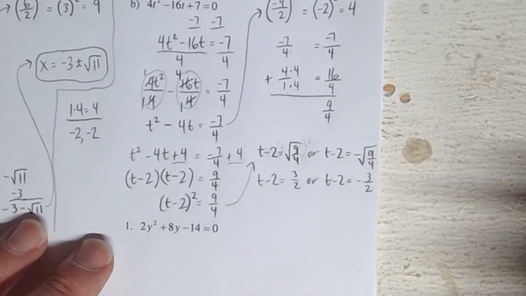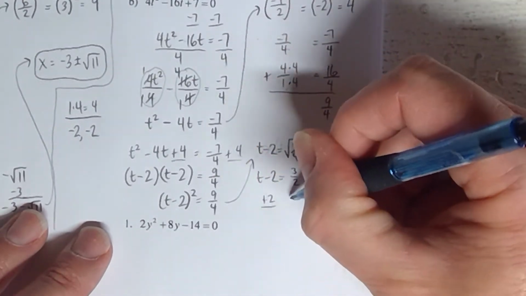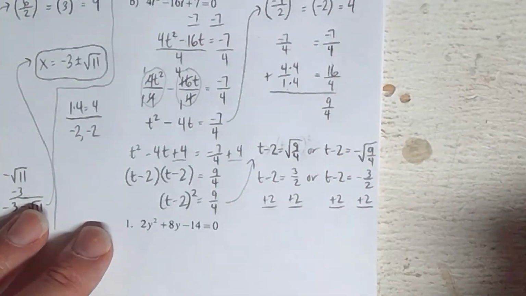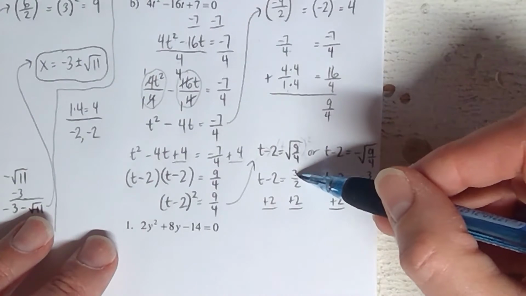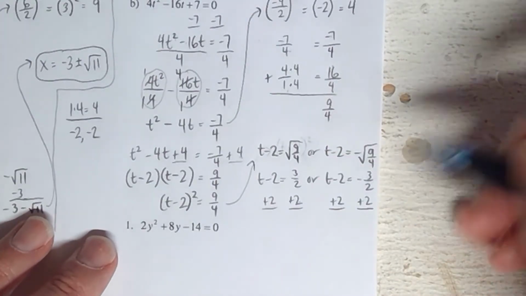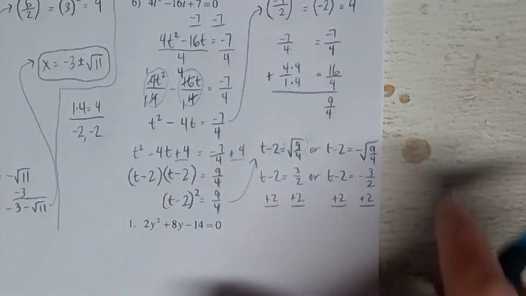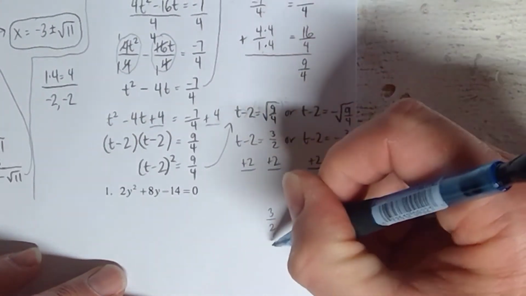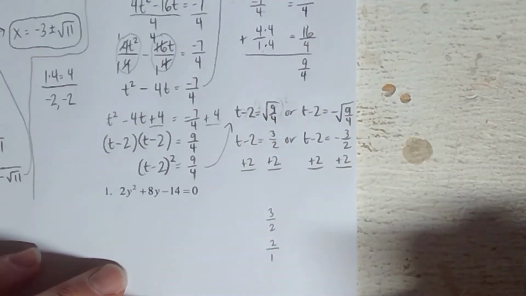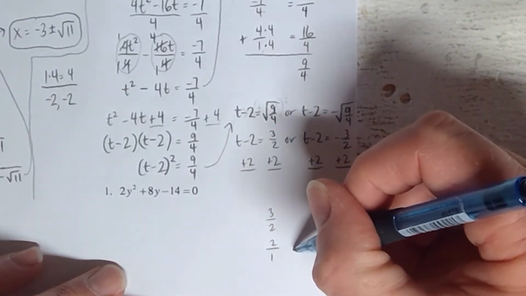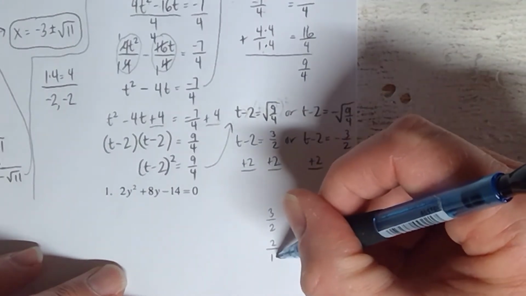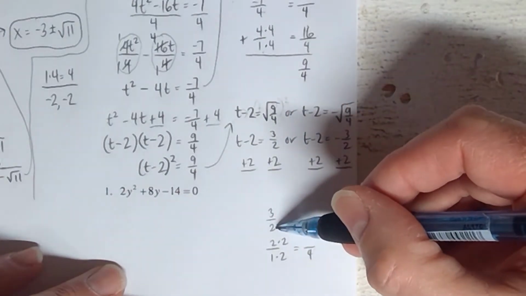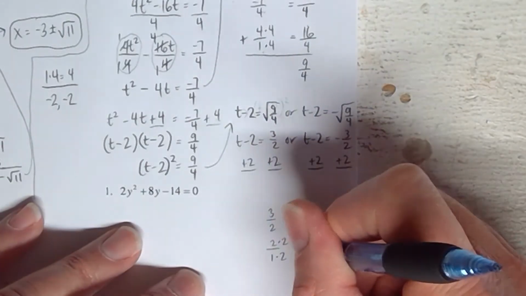Then you move over the 2 to get the t by itself, right? We got some more adding of fractions to do here, don't we? What is 3 halves plus 2, and what is negative 3 halves plus 2? 3 halves plus 2 would be 3 halves plus 2 over 1. And that would be what? Again, when one of your denominators is equal to 1, and there's only one other denominator, the LCD, I apologize, the LCD is not 4.